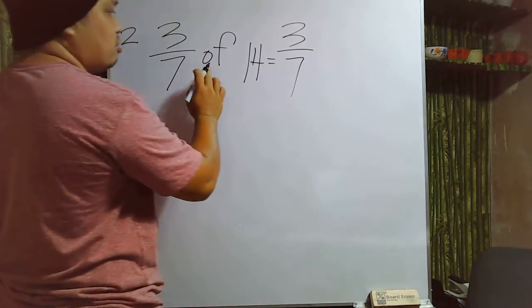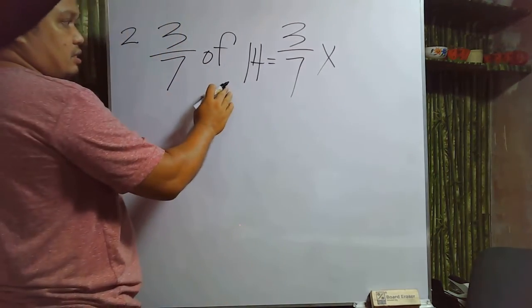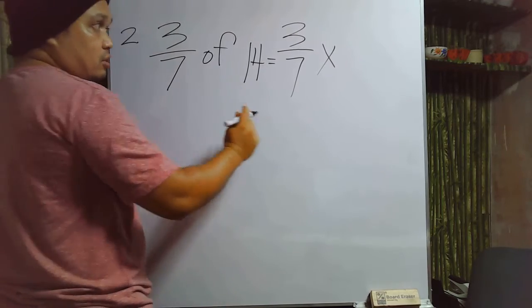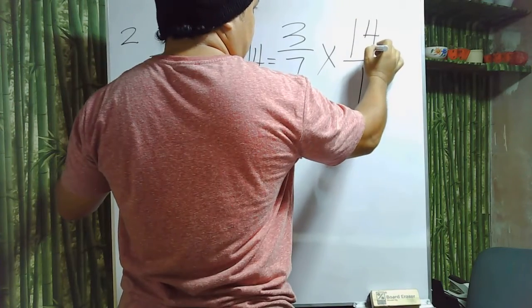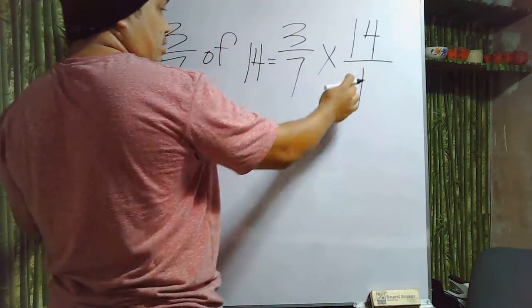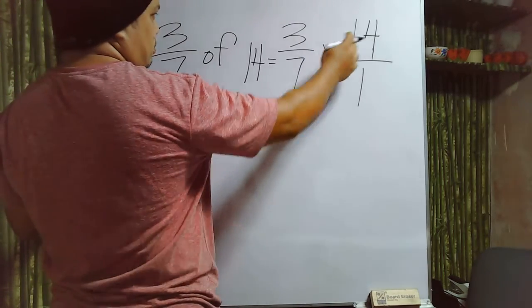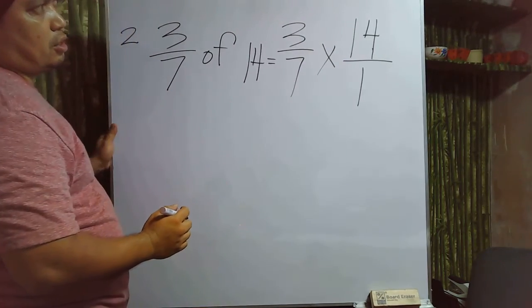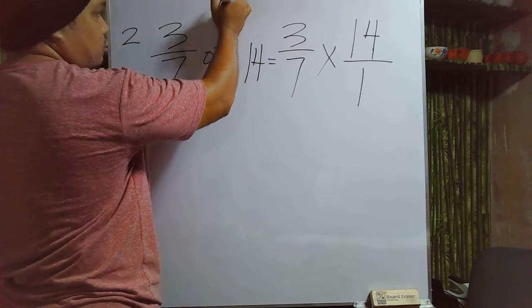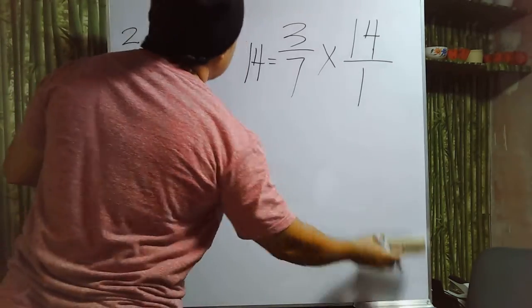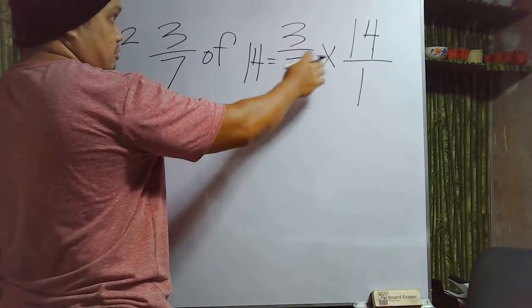Now "of" here will become multiplied, and let's get the fraction form of 14, which is 14/1. 14 divided by 1 is still 14. Now let's multiply: 3 times 14.